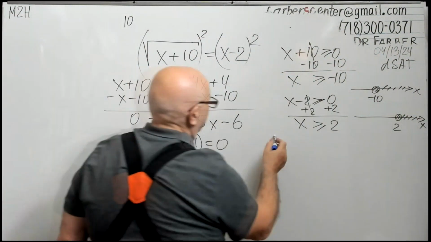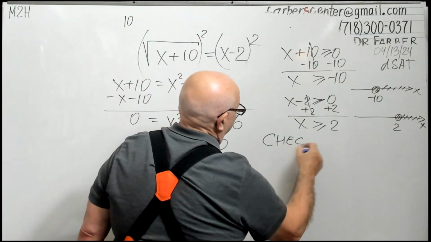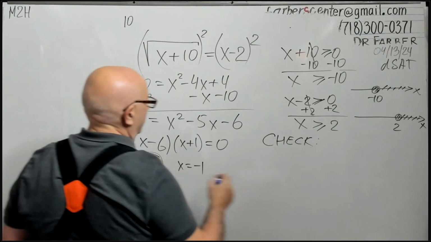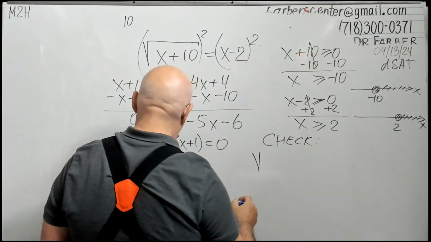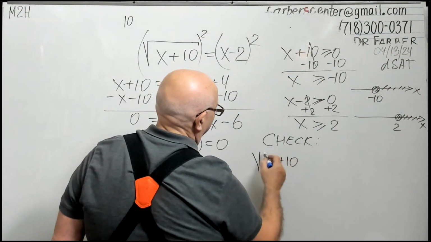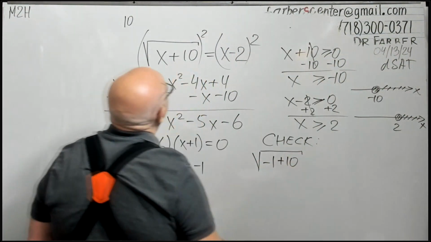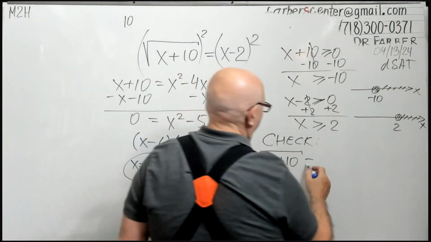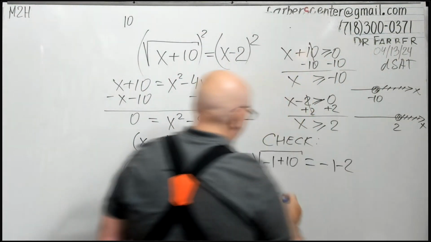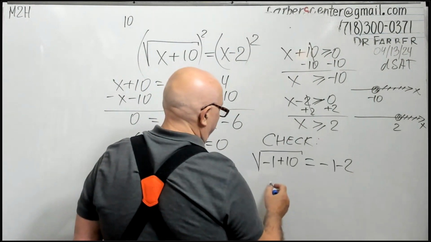In order to check, if you don't do this, you must check. How to check? Plug into the original equation: square root of negative 1 plus 10. Is it equal to negative 1 minus 2? This is the square root of 9, which is 3.